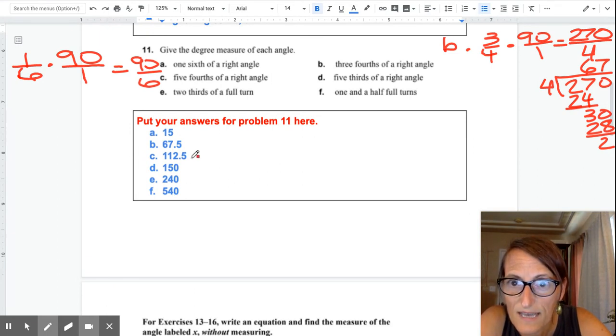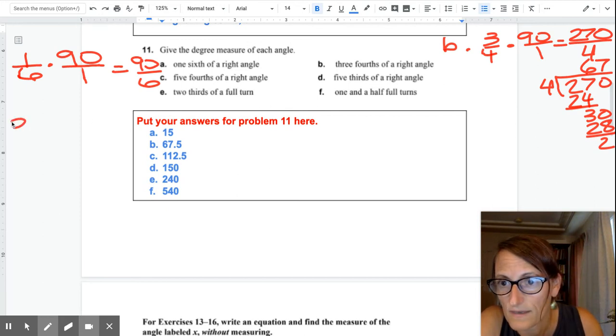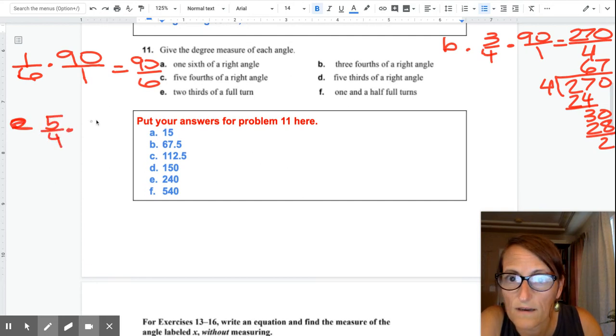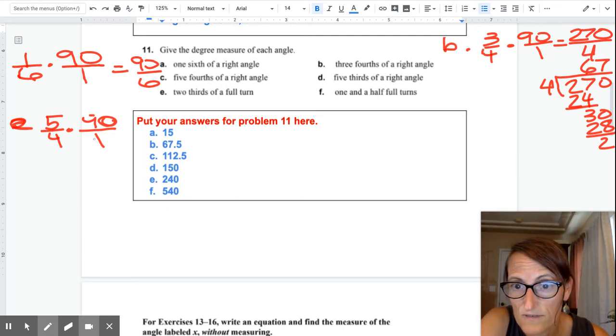For C, it's asking for 5/4 of a right angle. So that's actually a little bit more than a whole right angle because it's 5/4. So for C, we have 5/4 of 90. Now, maybe in that last problem, you figured out 1/4 of 90 degrees was 22.5 and multiplied it by 3.